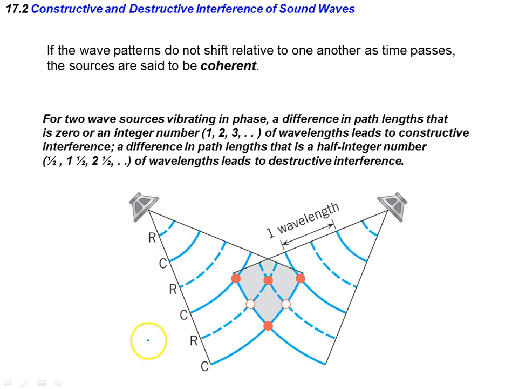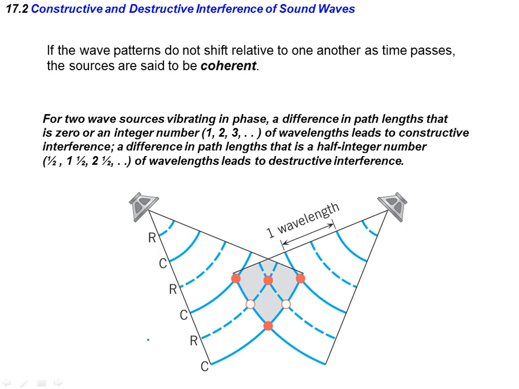So if we have the distance between two speakers or two sources of sound, and the difference in path lengths from one source to the other source is some integer of the wavelength, then they're going to be in phase. And so that's going to cause constructive interference.